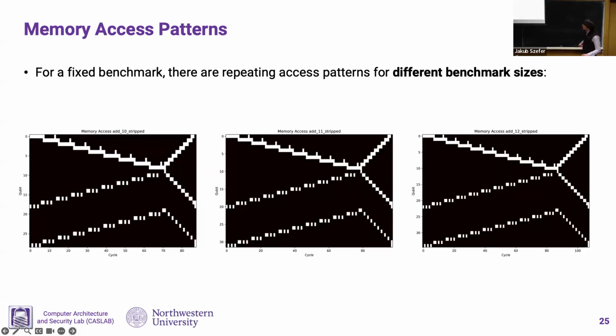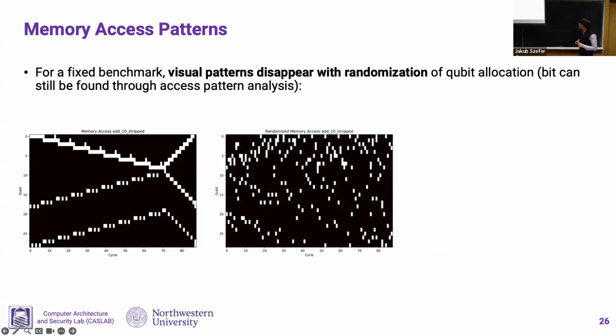And then there are some basic defenses. When a quantum computer compiler compiles the qubits, it has some freedom to assign different qubits from your program to different physical qubits.